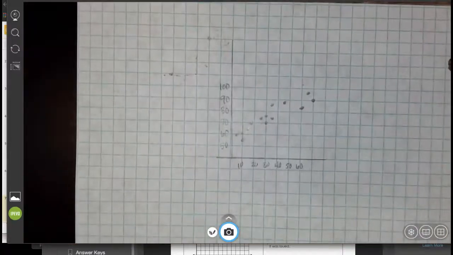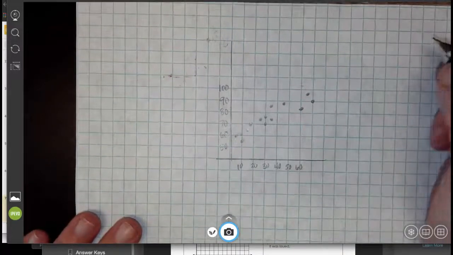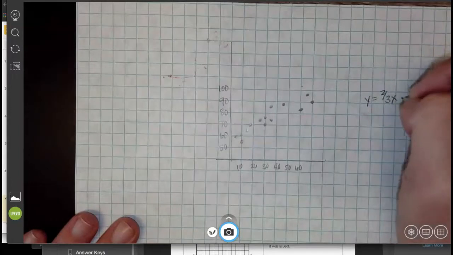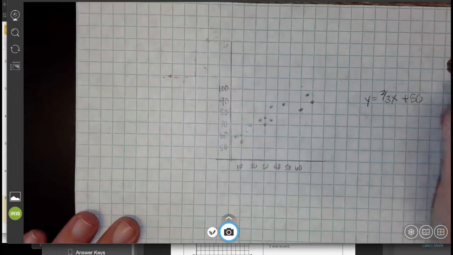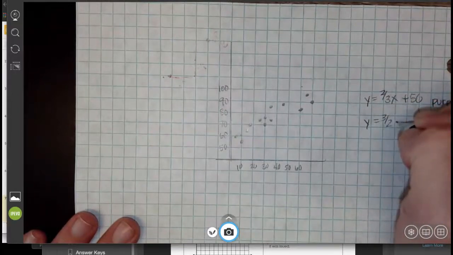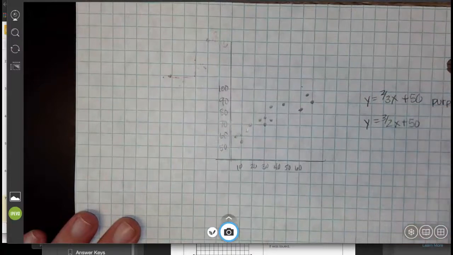Okay, and so then when we look at the example problem on the next slide, you're given 4 different lines. I have graphed it in Desmos for you, and they want you to look at some equations, which is y equals 2/3 x plus 50. That's your purple line. And then you had y equals 3/2 x plus 50, which is a black line.